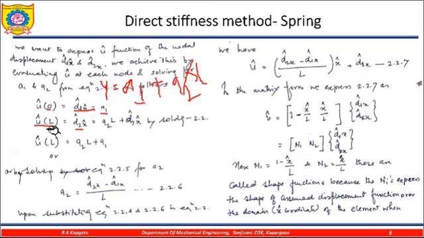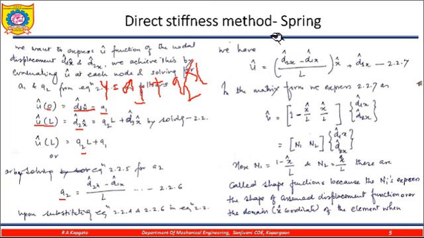Similarly, by putting x equal to l, d2x is equal to a2l plus d1x, that is a1 plus a2l. So a2 is equal to d2x minus d1x upon l.